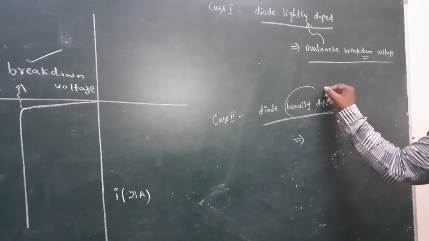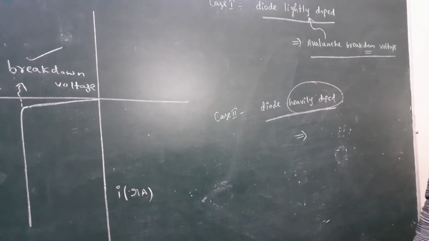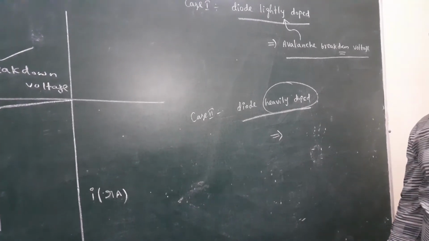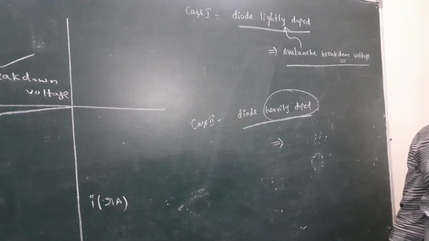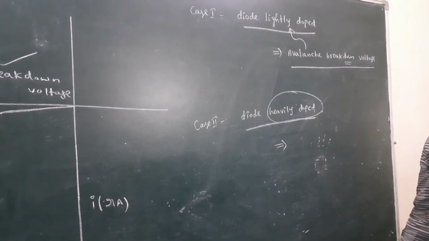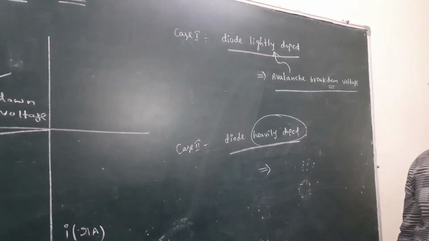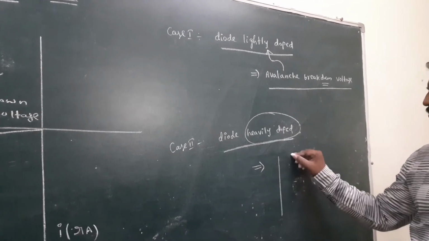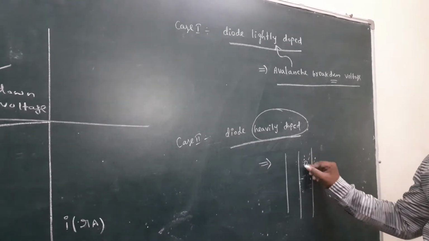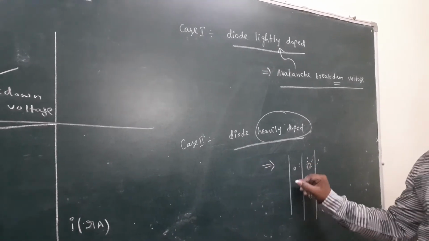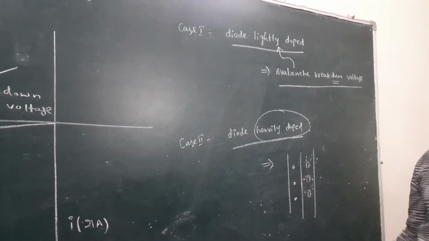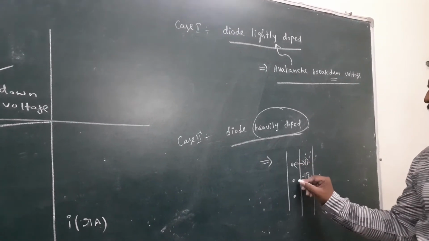Here in the depletion region, holes are there, electrons are there, stuck because of covalent bonds.